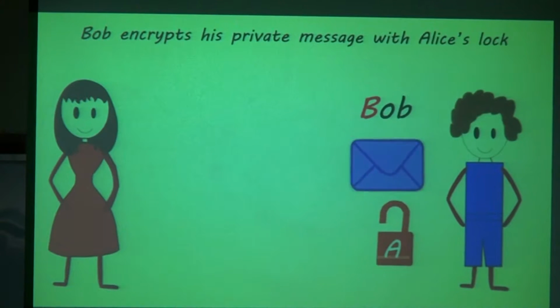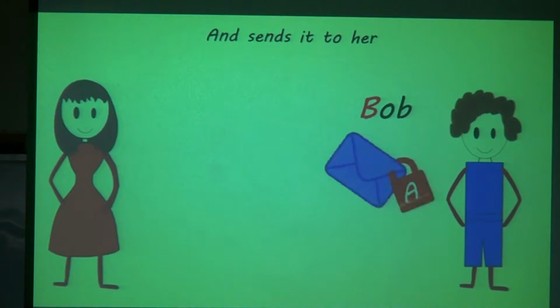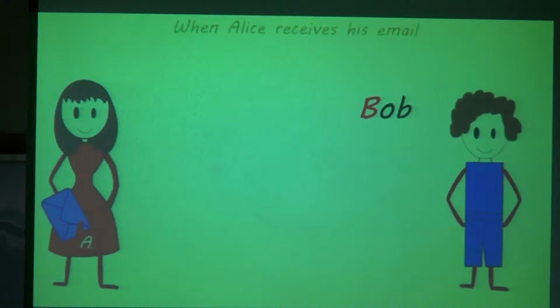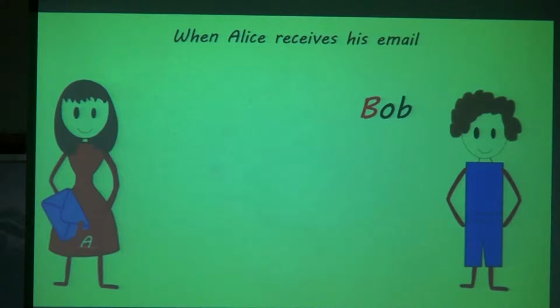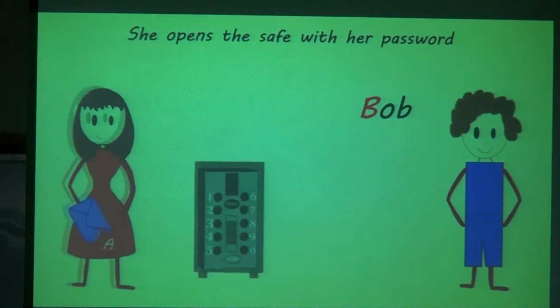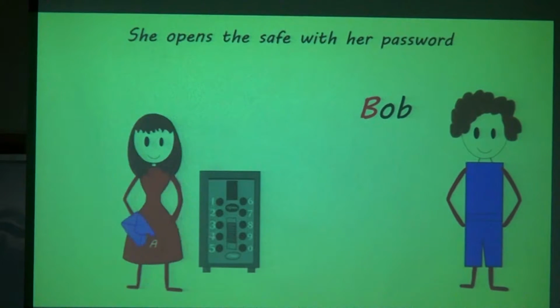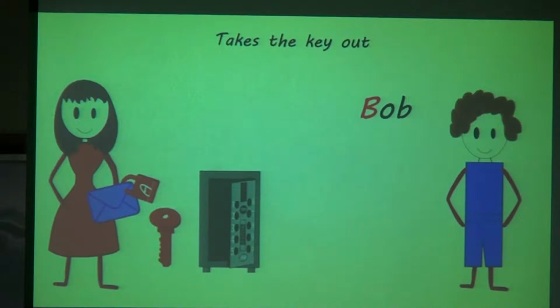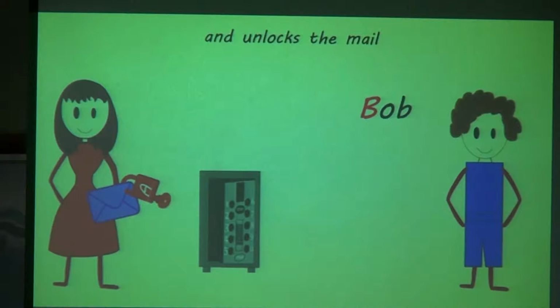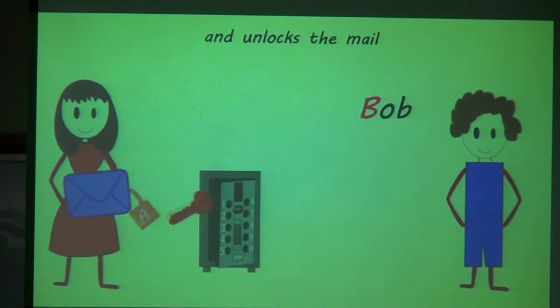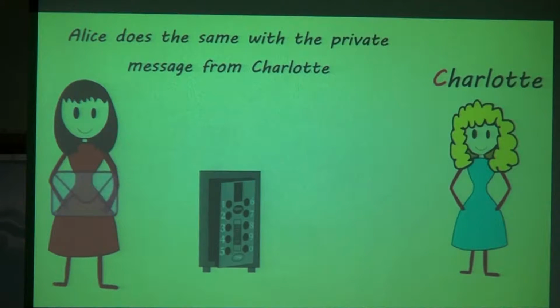Bob encrypts his private message with Alice's lock and sends it to her. When Alice receives his mail, she opens the safe with her password, takes the key out, and unlocks the mail. Alice does the same with the private message from Charlotte.